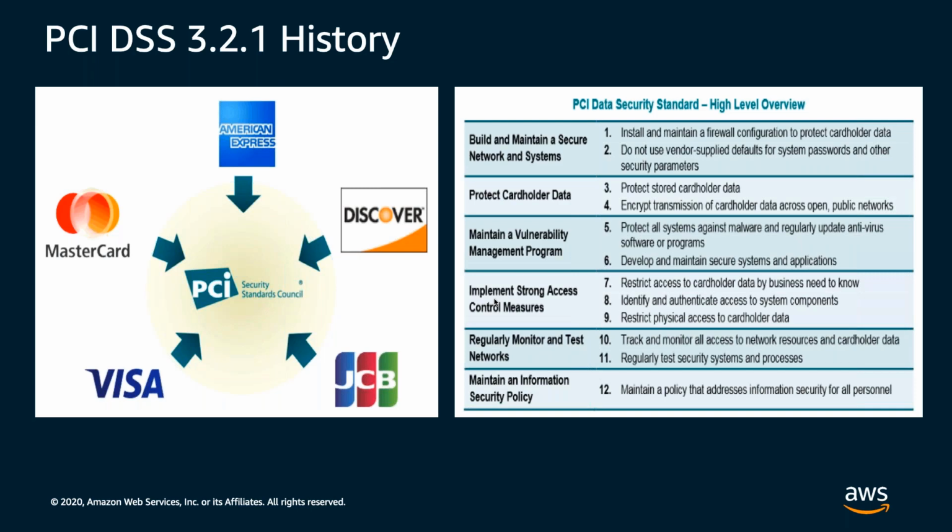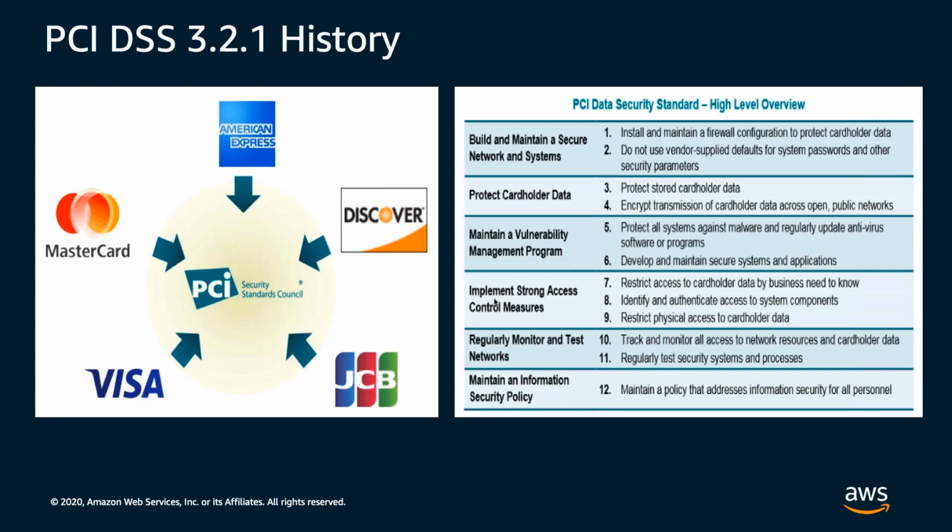The PCI Security Standards Council is responsible for managing the security standards found in the PCI DSS, while compliance with the PCI DSS set of standards is enforced by the payment brands. The current PCI DSS, version 3.2.1, is made up of 12 requirements with 251 sub-requirements.